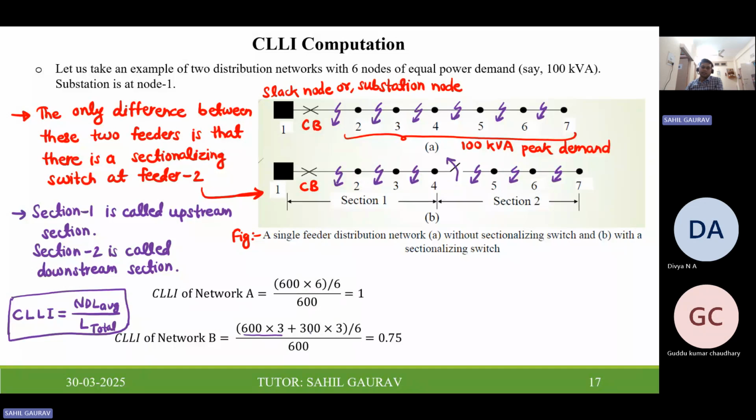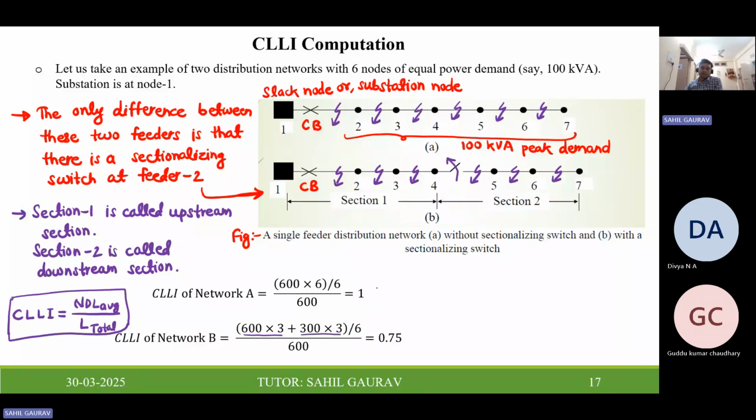So that's why we have taken 300 into 3. 6 is the number of branches, and L total is 600 kVA. So you can see that CLLI of network A is 1, while CLLI of network B is 0.75.